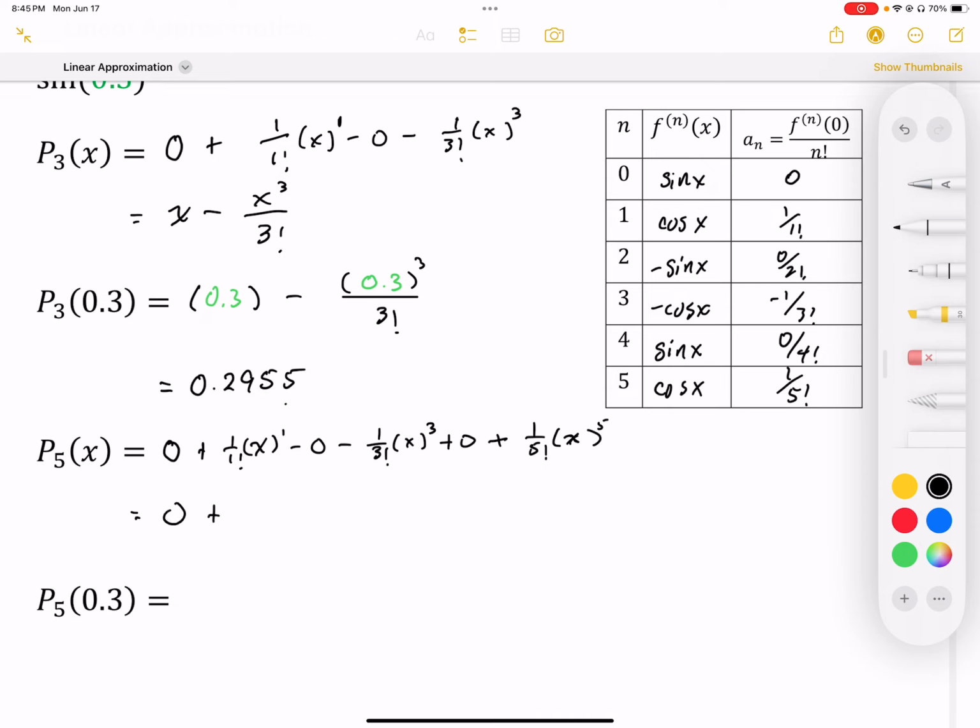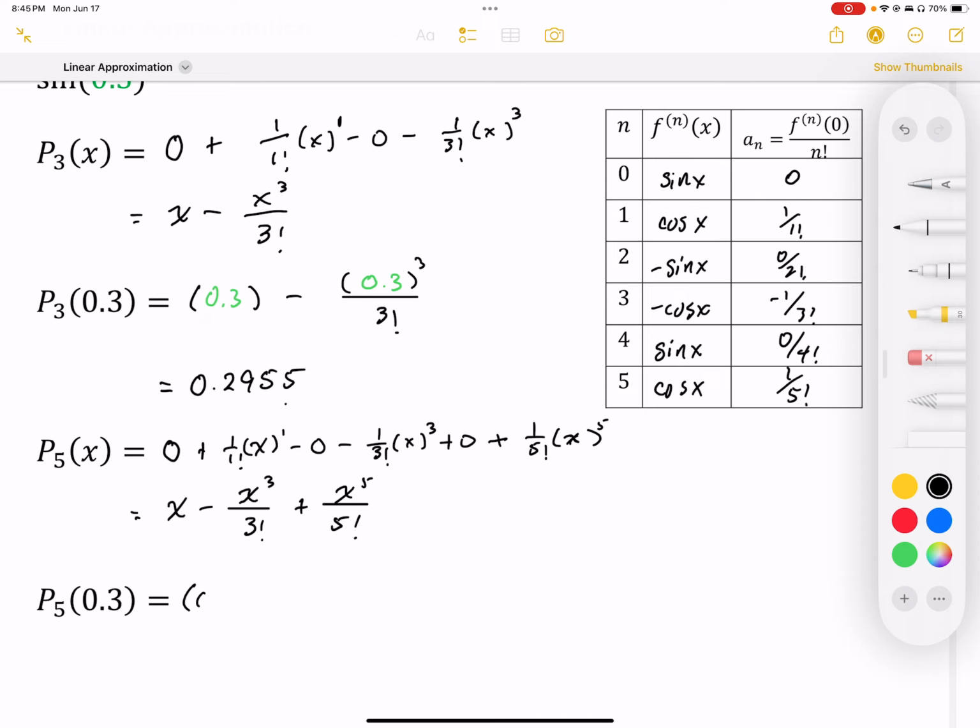Okay, simplifying this, I'm going to leave out the zeros here. We're going to end up with just 1x minus x cubed over 3 factorial plus x to the power 5 over 5 factorial.